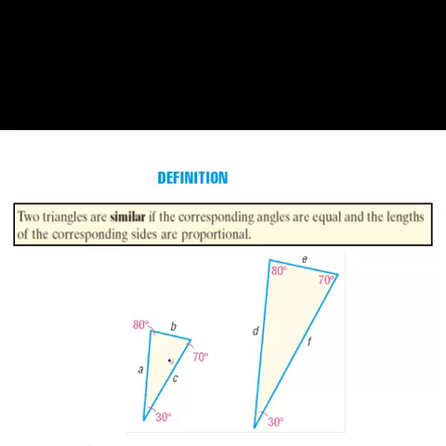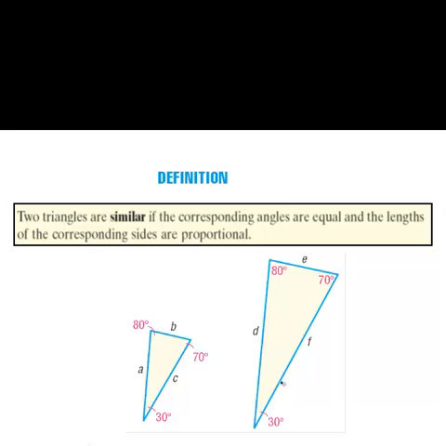Here's an example of two triangles that are similar. The interior angles for the two triangles are the same. Here you've got 80 degrees, 80 degrees, 70, 70, 30, 30. As long as the interior angles are the same, then you have two similar triangles.